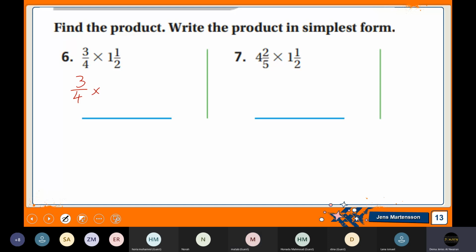Nuralina? Yes, teacher. 1.5: how to rewrite it as a fraction?